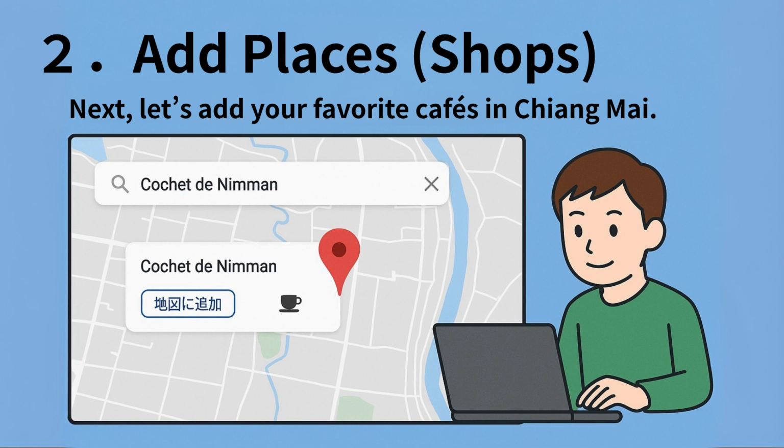Next, let's add your favorite cafe in Chiang Mai to the map. In the search box at the top left of the screen, type the cafe name Cafés de Niman. When it appears in the search results, click Add to Map.